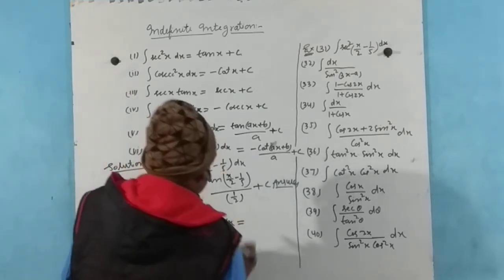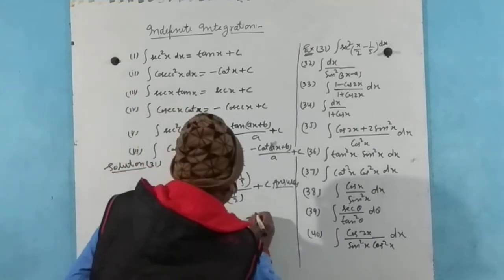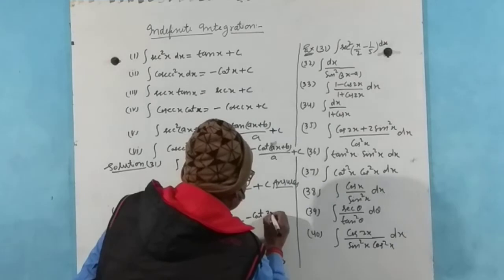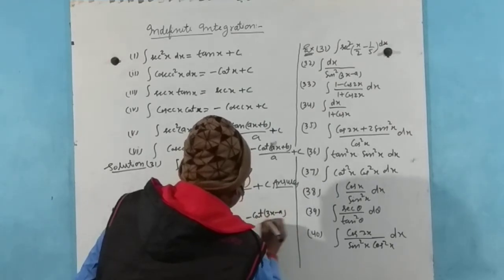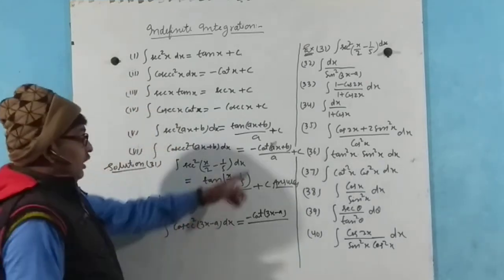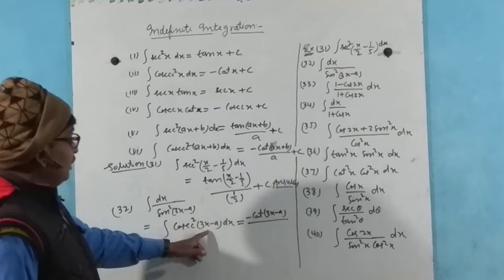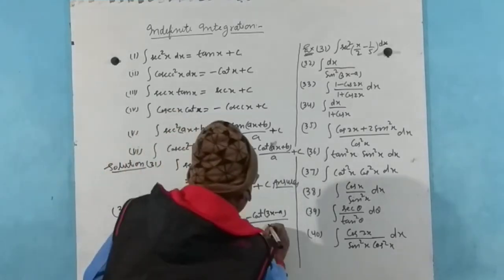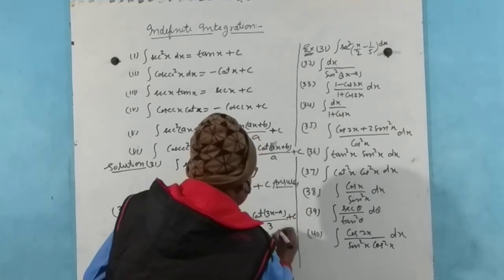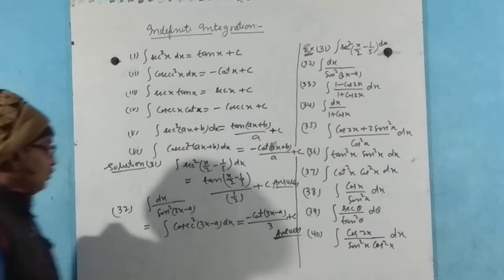On this basis, the answer is minus cot(3x minus a) divided by 3, where 3 is the coefficient of x, plus the integrating constant c.